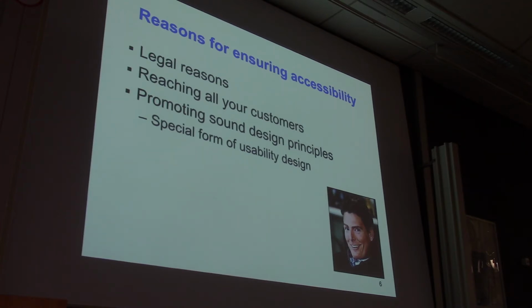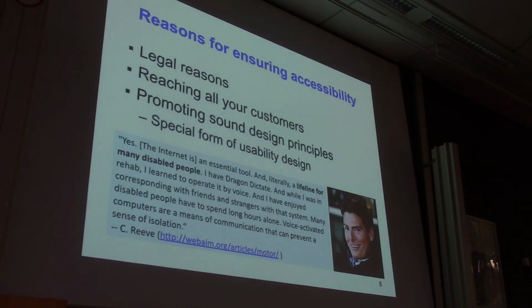And again, many of the things you can do to make your website more accessible are just general good design principles. So by making your site better for people that have a visual impairment, it also becomes better for people with good eyesight.